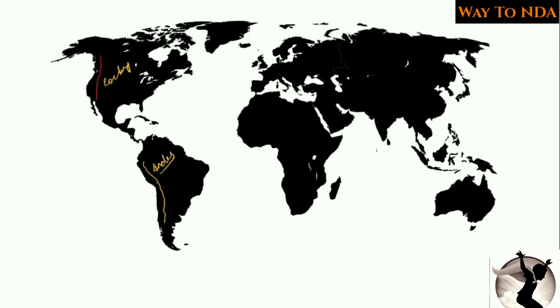So this is the Rocky Mountain range, and in the south the Andes, and here you will find the small Atacama Desert. This is the driest desert of the world, with very high temperature. Then if you come to this area, you will find the Himalayan range, and here you will find the Hindu Kush.